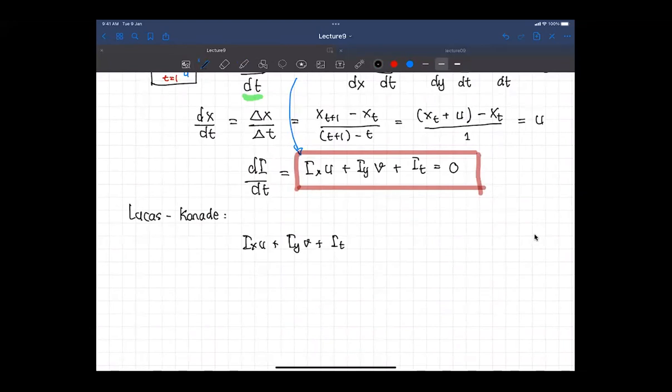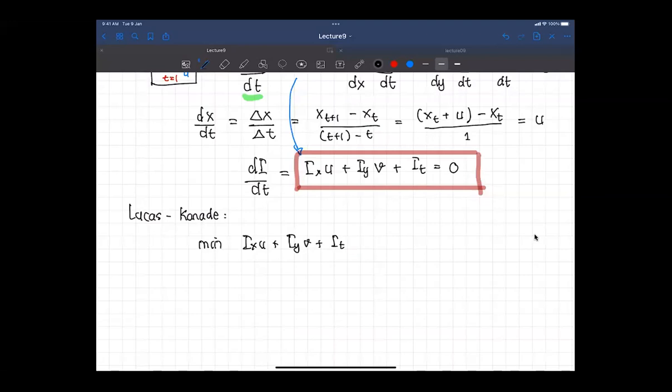But sometimes it might not equal 0 because of noise and so on. So we have to minimize this equation. We minimize this equation with respect to what? What is the variable that we want to change to make it 0?